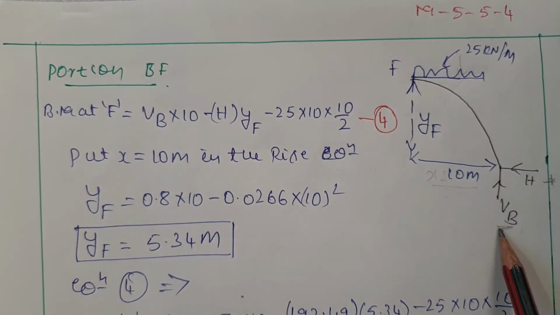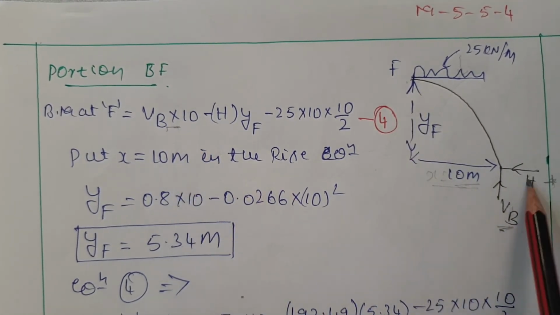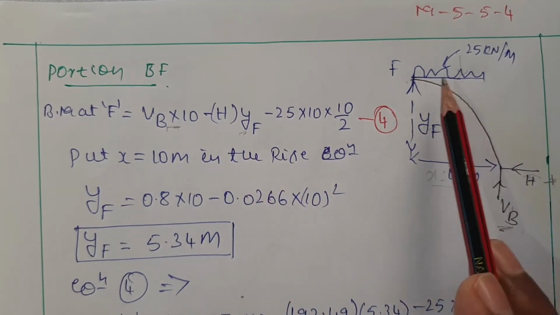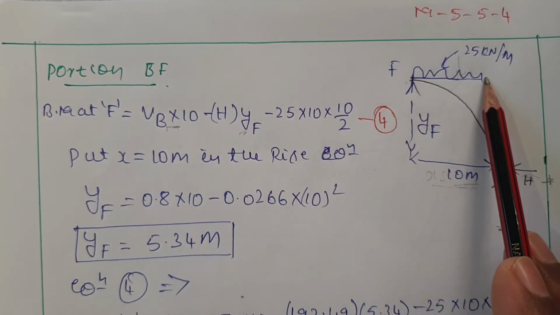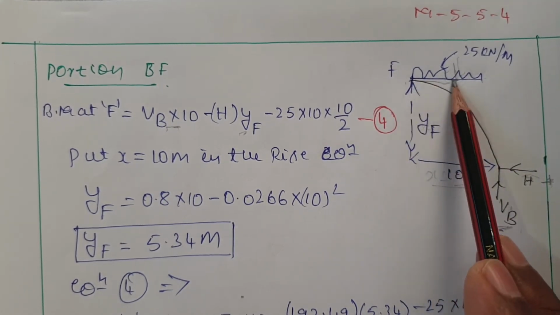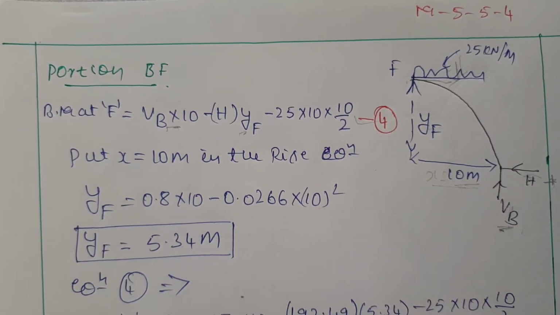VB with perpendicular distance with respect to F is 10 meter, positive. H with perpendicular distance YF is negative, and UDL negative: 25, end to end distance is 10, multiplied by the perpendicular distance from F, here to here, of 10 divided by 2. Okay, that is what I consider. Here the unknown is YF.